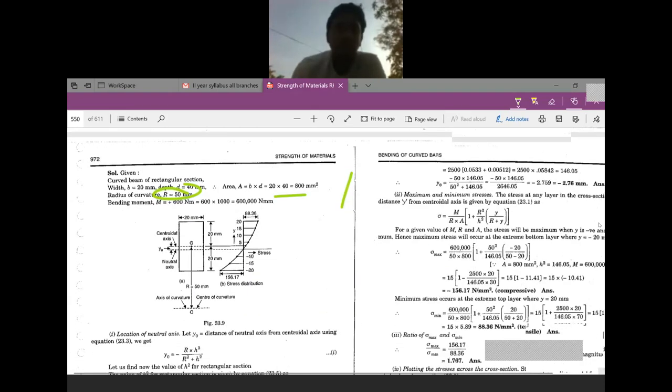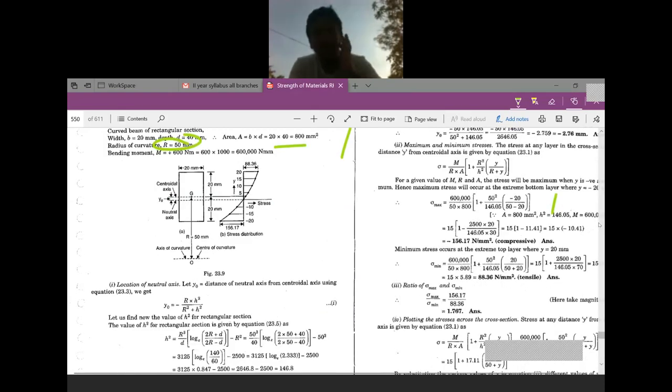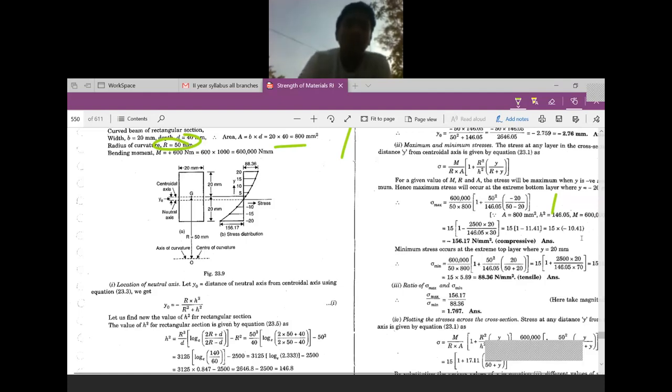Then when you see here, we have drawn a diagram with a width of 20 mm, depth of 40 mm, width of 20 mm, depth of 40 mm.